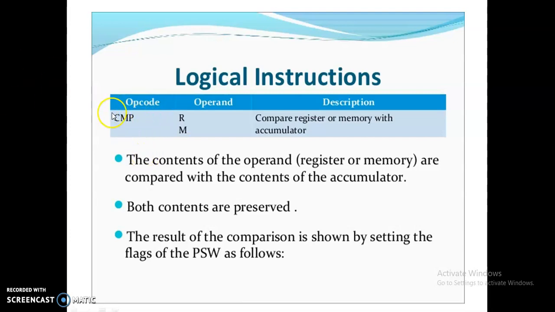So this is the instruction or opcode CMP. This instruction compares register or memory with accumulator. The content of the register or memory is compared with the accumulator, and the final value is stored where? In the status flag. The content of the operand, where the data values are stored, is compared with the content of the accumulator.